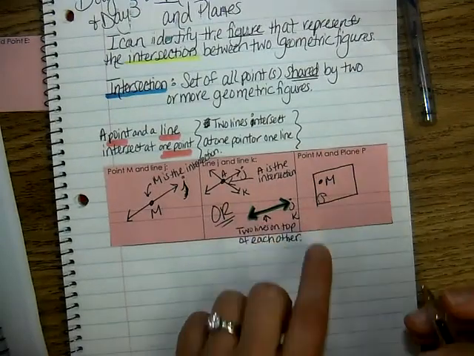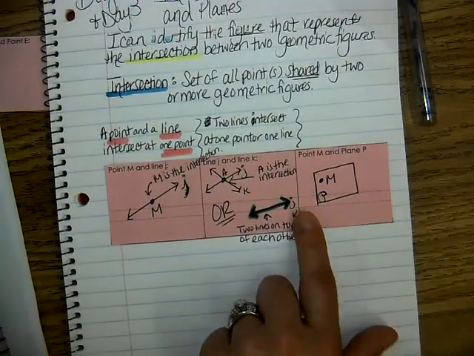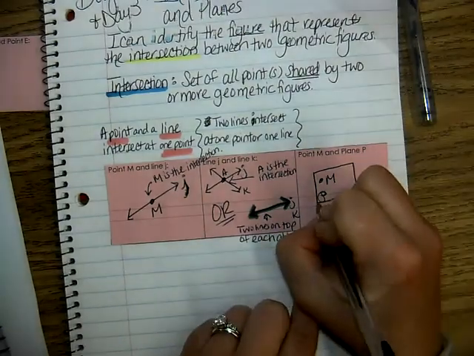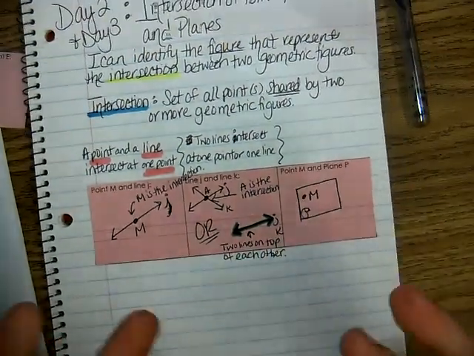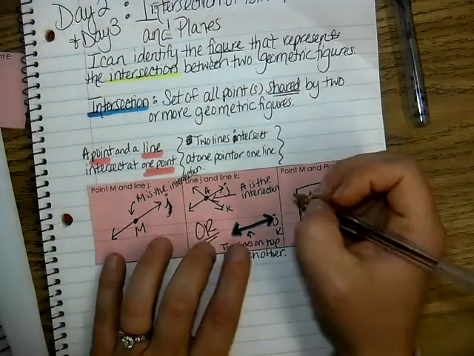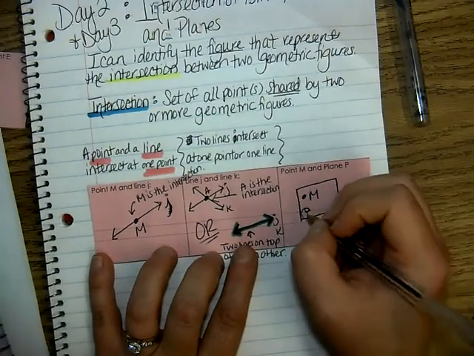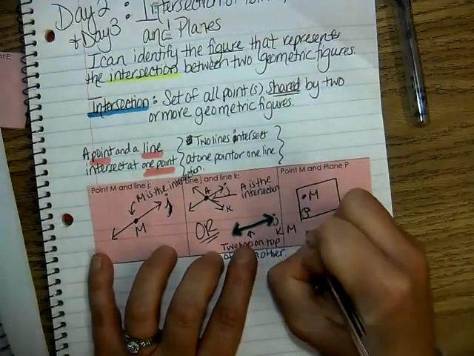Now plane P is going to be in script, and it doesn't have a dot next to it. So therefore we would consider it to be the name of the plane. And so simply M is the intersection because it is inside of the plane.